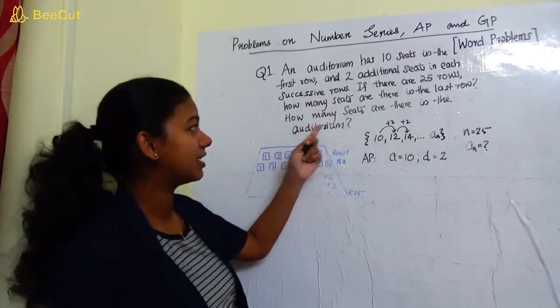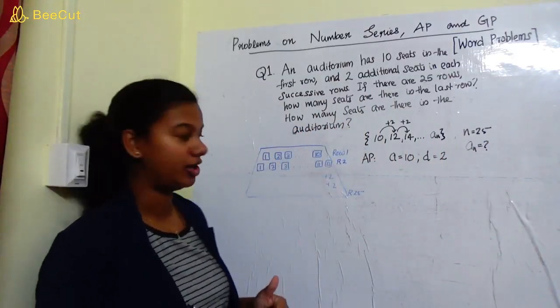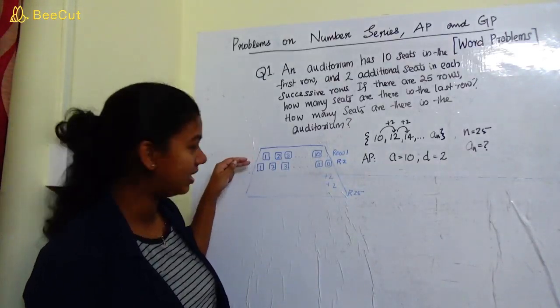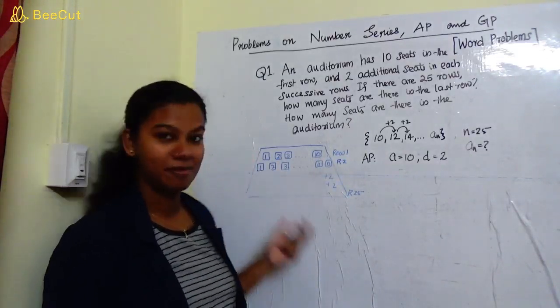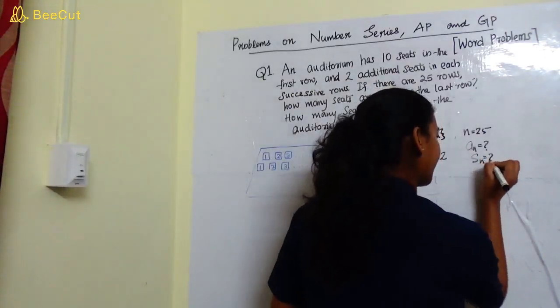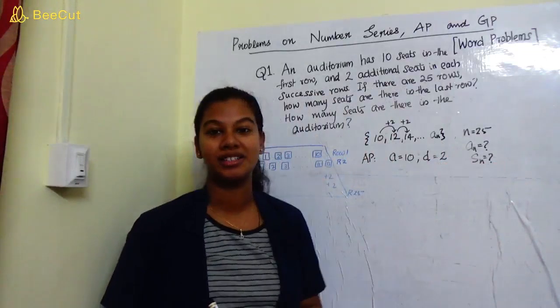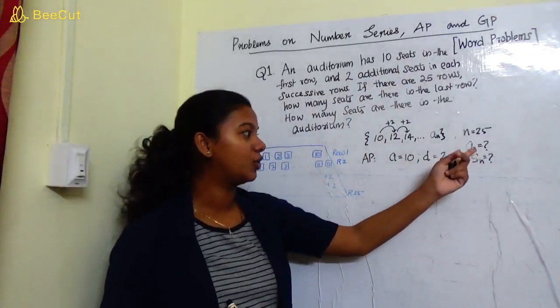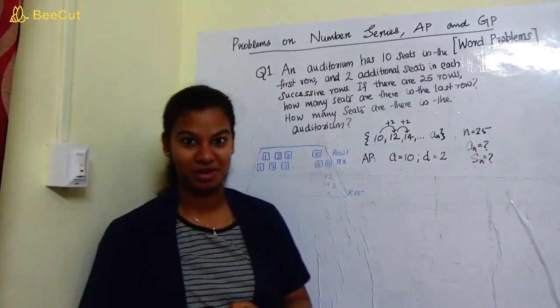And then they are asking the total number of seats in the auditorium. That will be the sum of the seats in each row, which is the same as Sn. So these are the two quantities which we have to find out. Okay, so now let's use the formula of An in arithmetic progression.